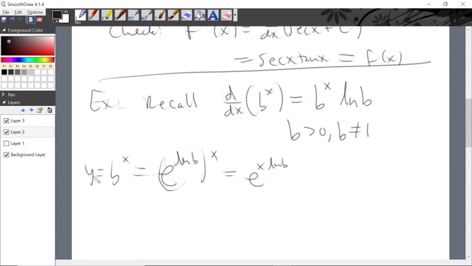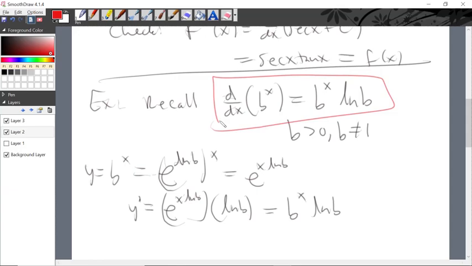So if we have y equal to this, then y prime, by the chain rule, is equal to e to the x ln b times the derivative of x ln b. The derivative of x ln b would just be the natural log of b, because that's a constant. And then rewriting e to the x ln b back in the original form b to the x, we get b to the x times the natural log of b. So we recall that, that we had already established that was true.